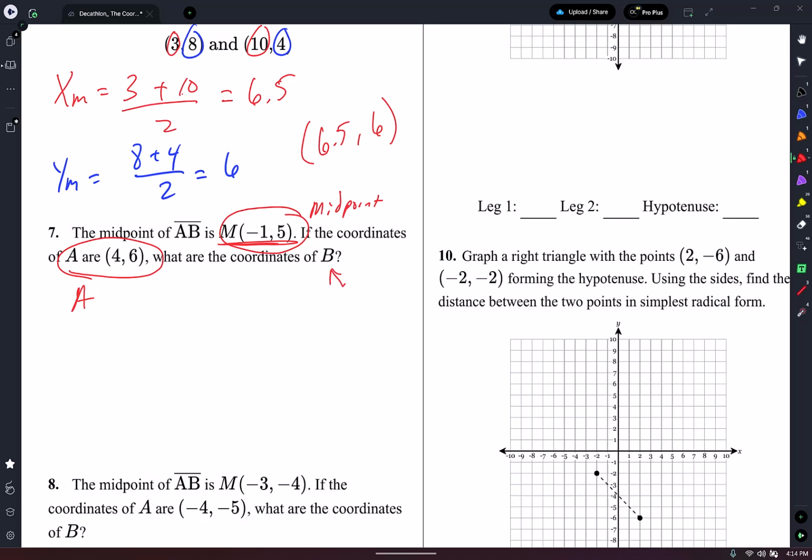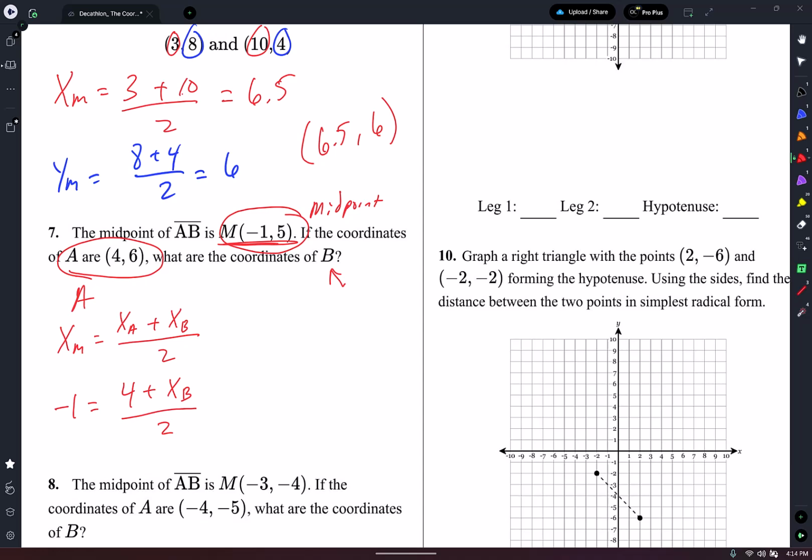So here it is. Remember that the midpoint of X is equal to the X coordinate for A plus the X coordinate for B, and you divide it by 2. So that's exactly what I'm going to put in, guys. So negative 1 equals XA, which is 4, plus XB, which I don't know, divided by 2.